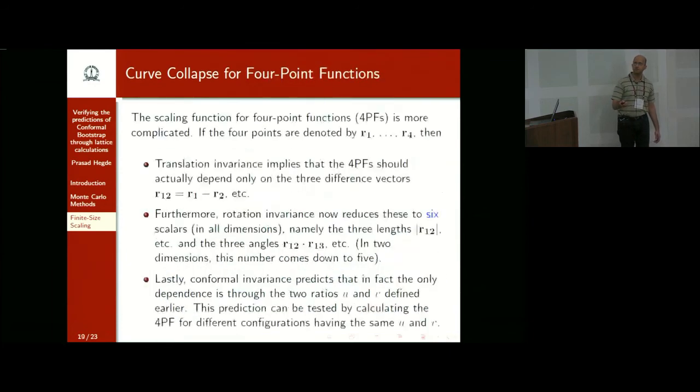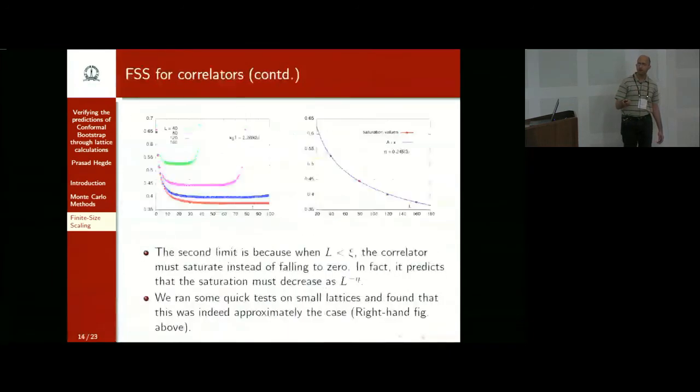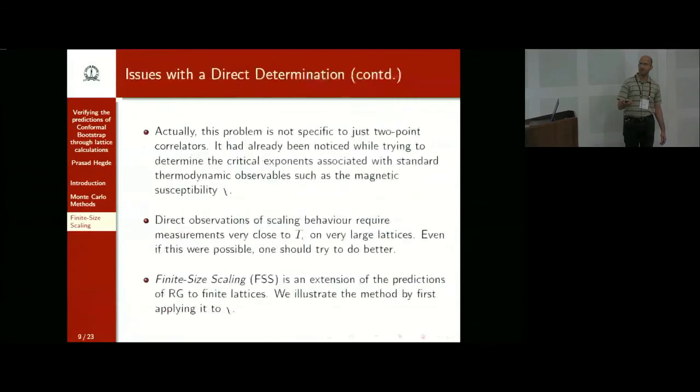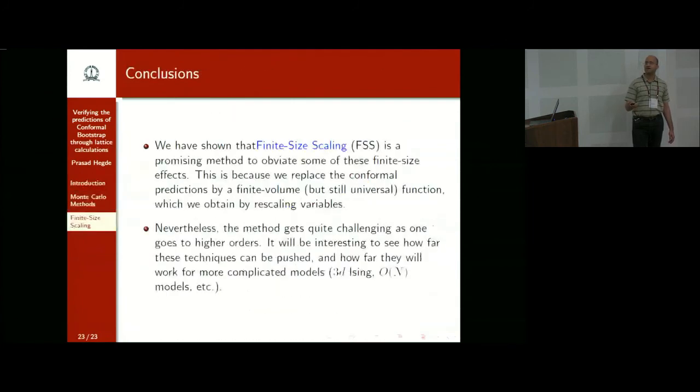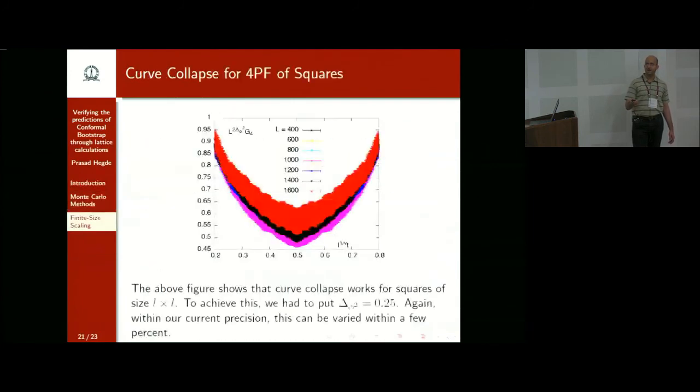Delta phi is 0.25, but delta phi squared is predicted to be 0.5.